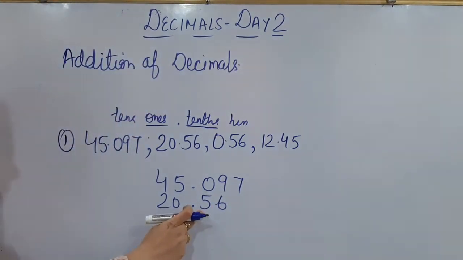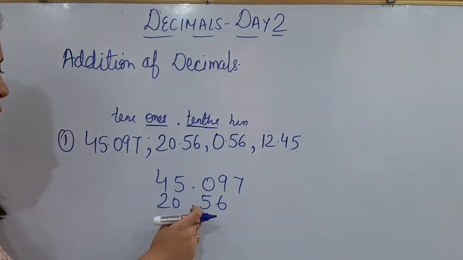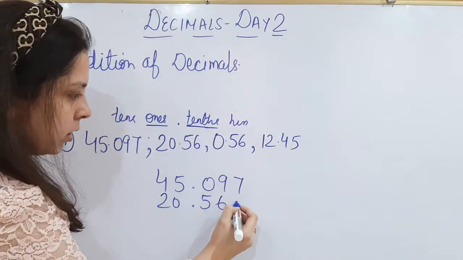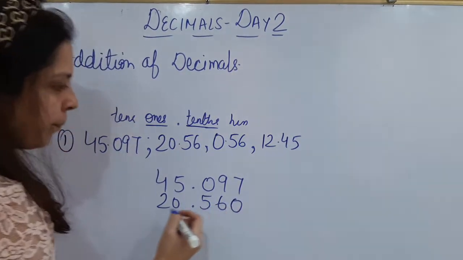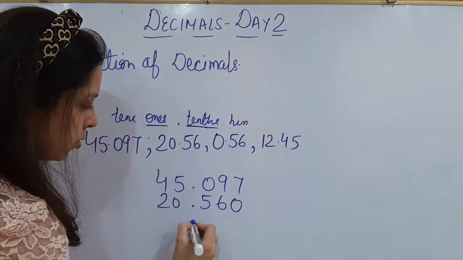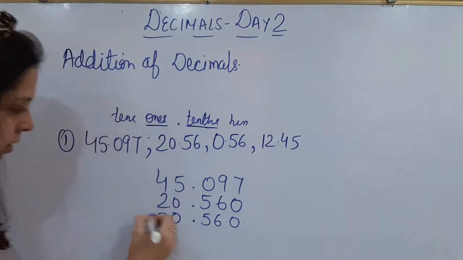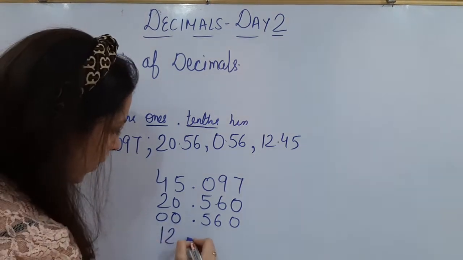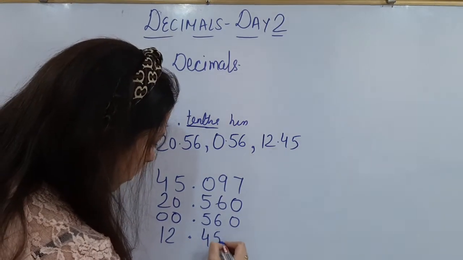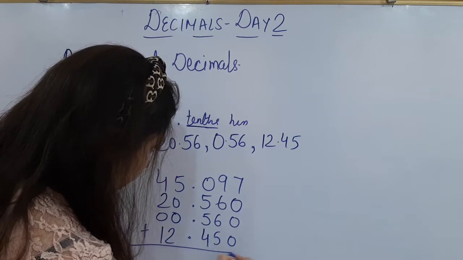The place value of decimals starts from the start, so we will write 5 here, and we will write 0 in place of the blank. So 0, 0.56, again zeros, then 12.45, and then add.